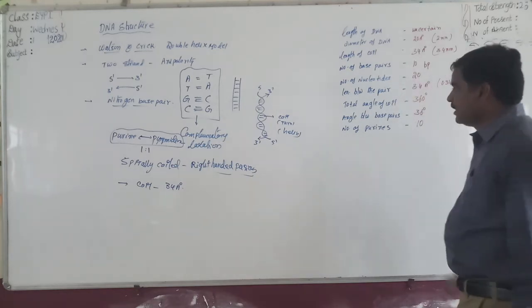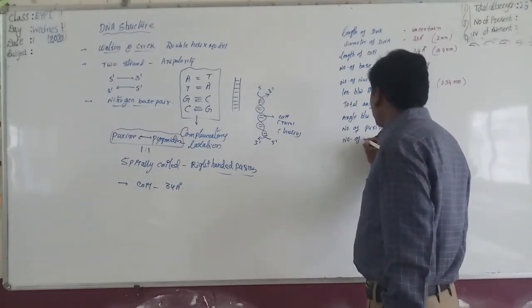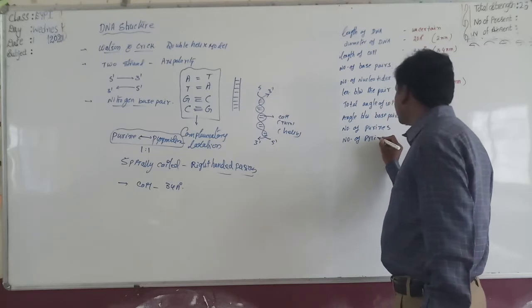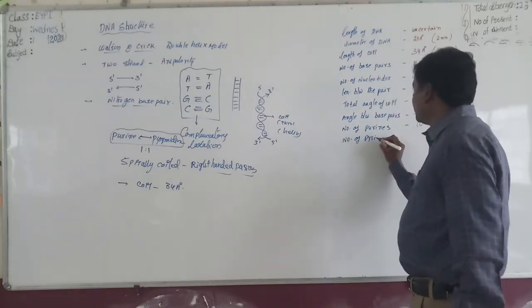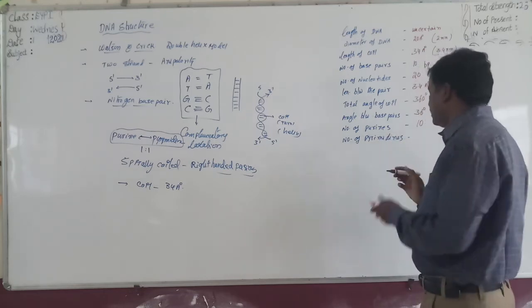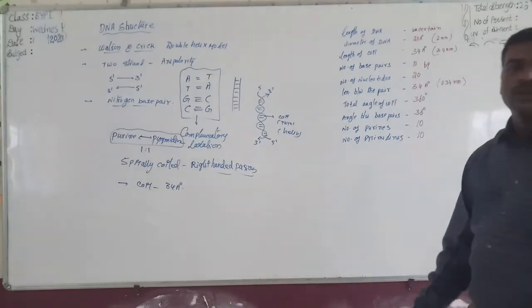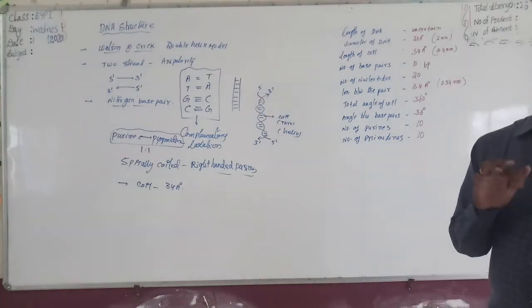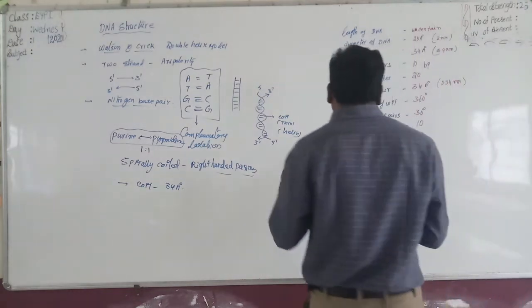Purines are 10. And what about the number of pyrimidines? Number of pyrimidines also 10. So purines and pyrimidines exist in a 1:1 ratio.